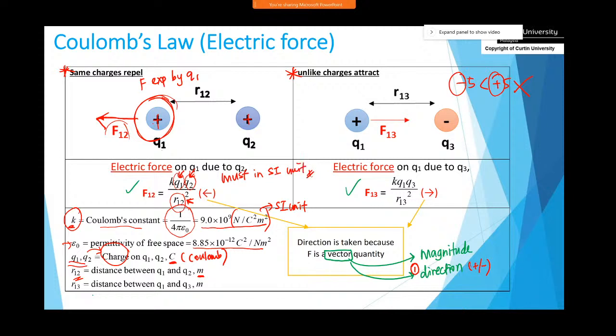Okay, I have marked some of your midterms, and I discovered there are a few of you who didn't convert some of the values into SI unit. It makes a very big difference.